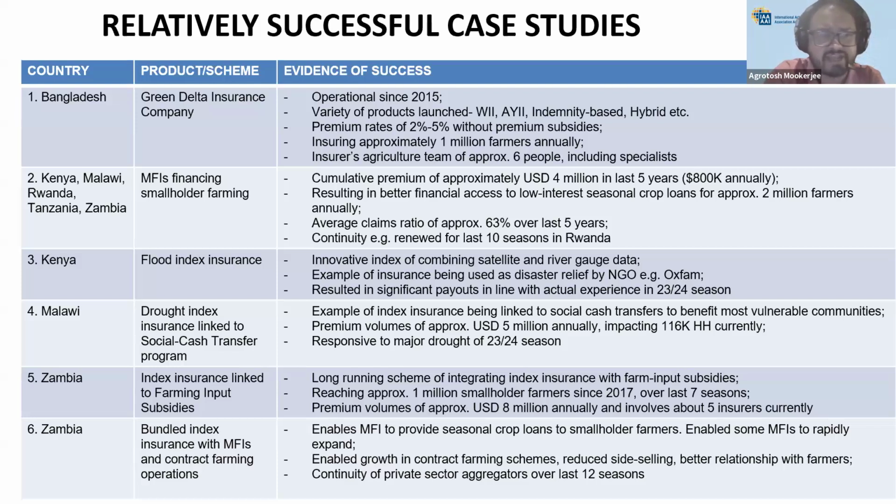In the agriculture sector, you often have national schemes in some countries which include some types of parametric or index insurance products. Many countries in Asia and Africa have national schemes, some of which have been established for a while.